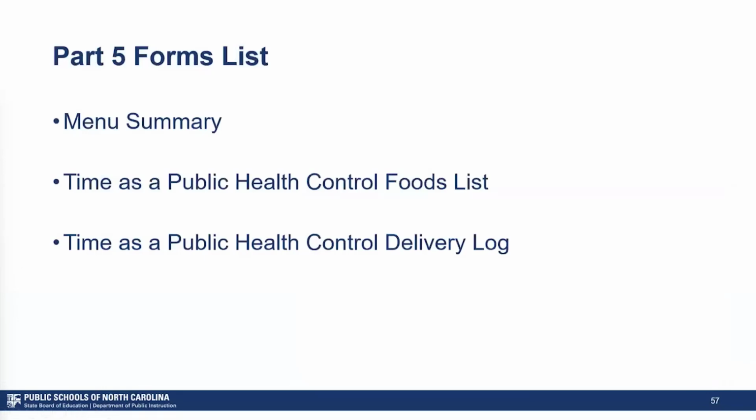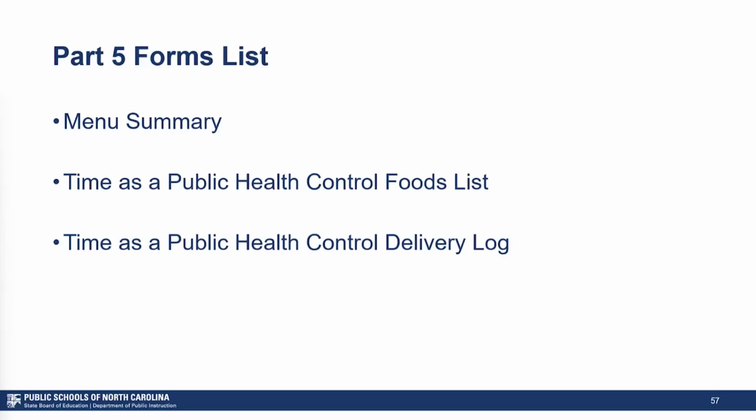Here is the complete list of the forms located in the Part 5 forms section. We've already reviewed the menu summary. We discussed the Time as a Public Health Control Foods list, which is for listing the specific foods that will need Time as a Public Health Control procedures, and then the Time as a Public Health Control delivery log, which we just addressed.